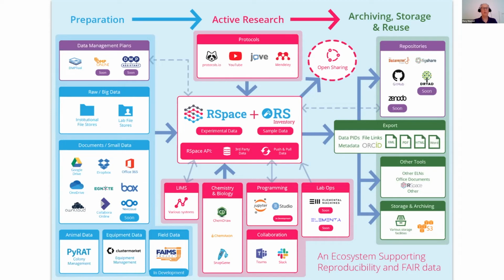And one which is equally, if not even more, exciting in some ways is with FAIMS, the Field Acquisition Management System, which is funded by the Australian Research Data Commons. It's an exciting tool developed around archaeology and ecology and other data collection in the field. It enables offline data capture, so you can now also easily incorporate data captured offline into Rspace.